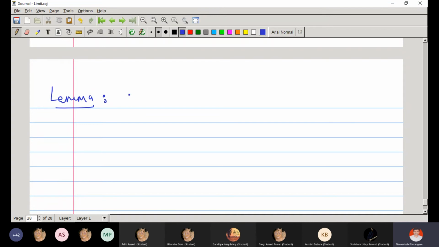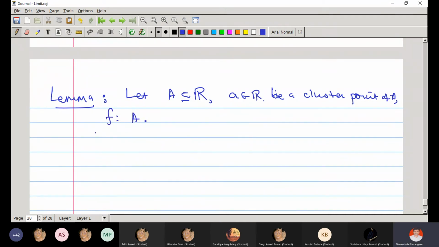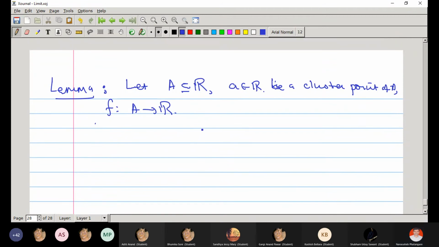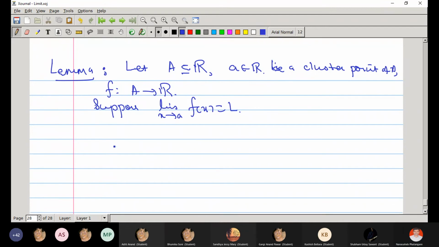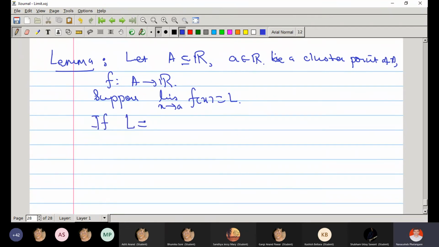So let A, a subset of R, and let a be a cluster point of A. f is a function defined on A. Suppose the limit as x tends to a of f(x) is L. If L is non-zero, then, because we are worried, if the limit is non-zero we don't know about the function. The function may be 0, may not be 0, but the limit is non-zero at a.